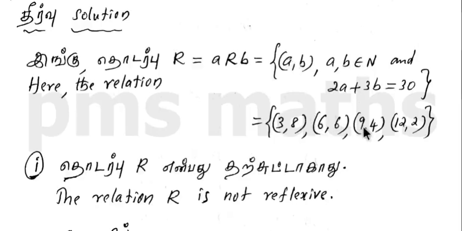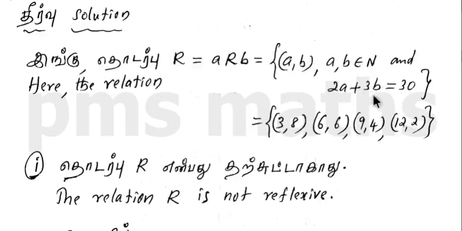Then take the next one, (9, 4). That means a is equal to 9, b is equal to 4. 2 into 9, 18. 3 into 4, 12. 18 plus 12 is equal to 30. That means this equation is satisfied with this element also. Then take the next one, a is equal to 12 and b is equal to 2. 2 into 12, 24. 3 into 2, 6. 24 plus 6, 30.